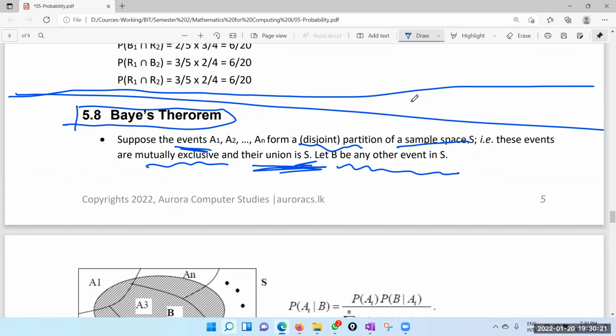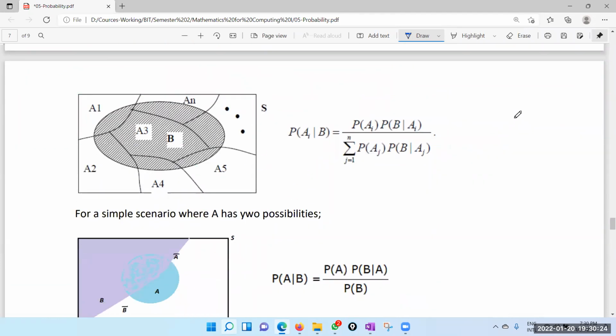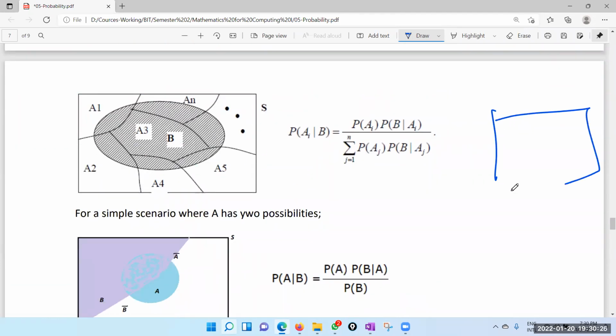Let's say now we have something like this situation. We have A1, A2, A3, A4, maybe A5, and up to AN.